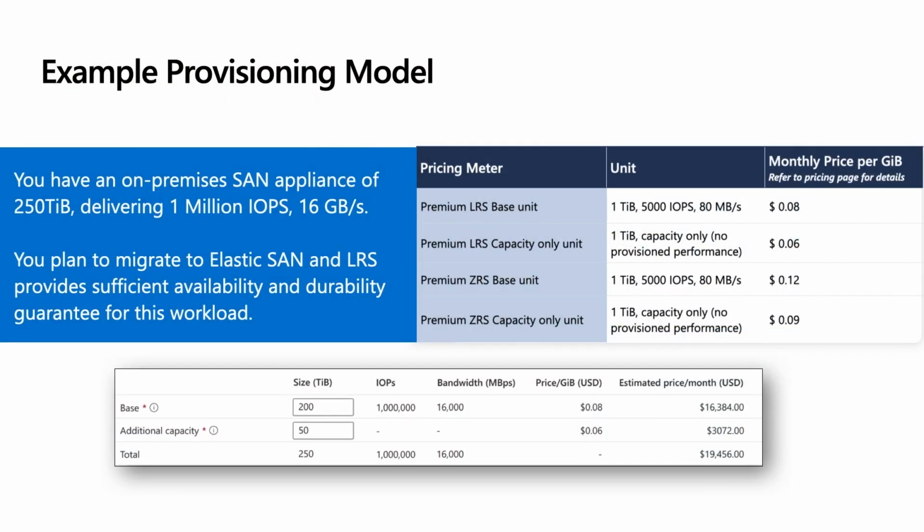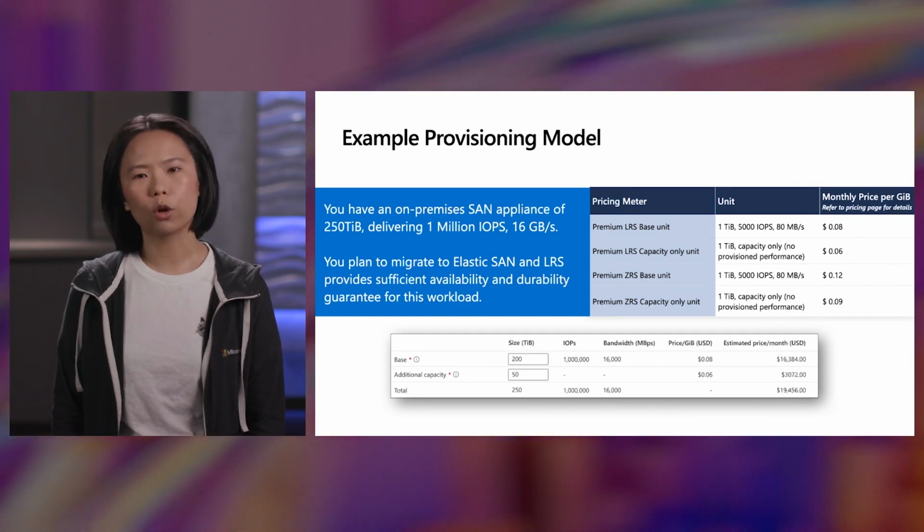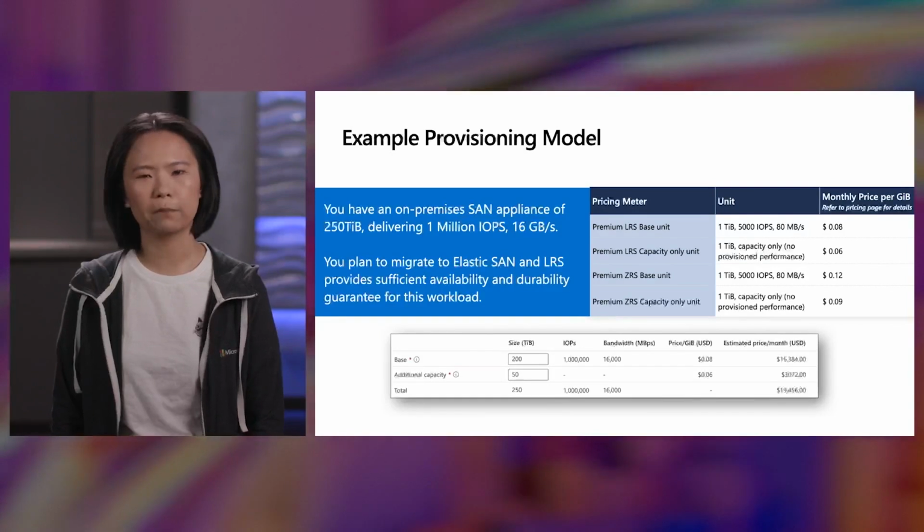Let's look at an example of how you will provision an Elastic SAN. You have an on-premises SAN appliance of 250 terabytes, delivering 1 million IOPS, 16 gigabytes per second. You plan to migrate to Elastic SAN. You will choose LRS as 3 local replicas already provide better availability and durability than on-prem.